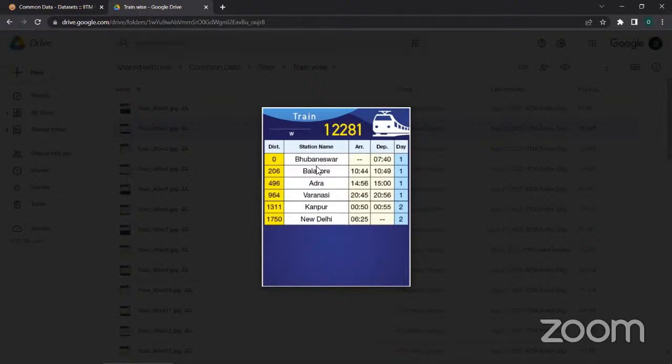So we will add an edge between Bhubaneswar and New Delhi. That's all. We will not consider the stations in between. We are not assuming the train doesn't stop, but we are not considering where it stops in between. That information is there, but as per the pseudocode we have, we are not considering it. If we start doing that, the processing will be a nightmare. That's why we are just storing start and end.